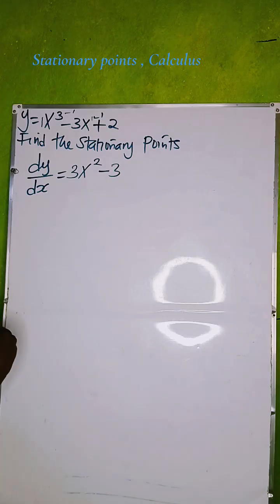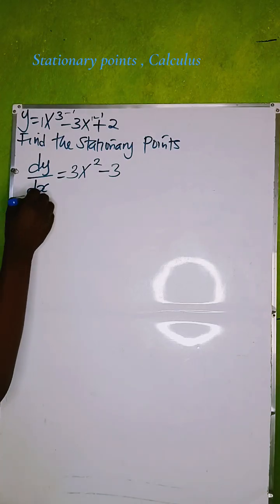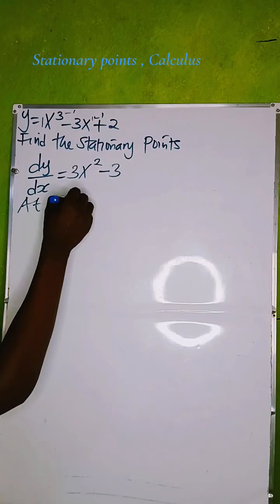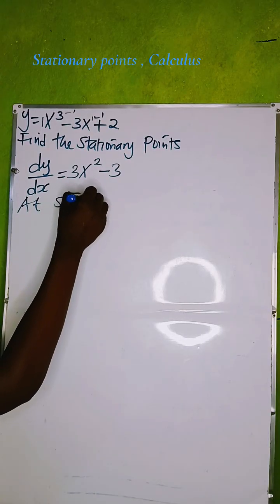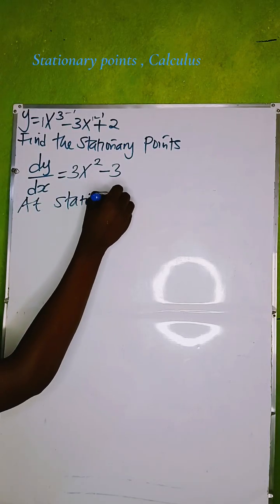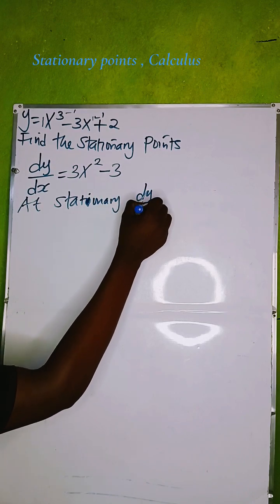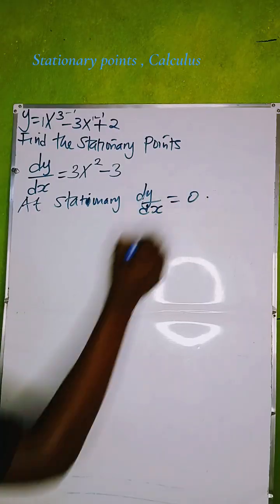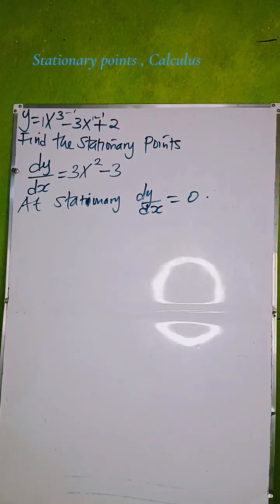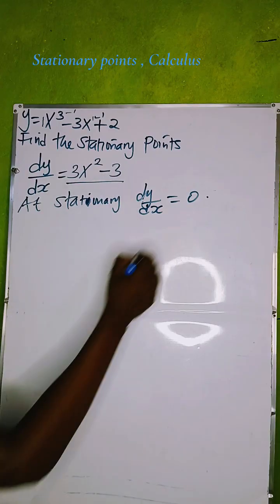Another thing that you need to remember is that at stationary points, our derivative dy over dx is supposed to be equal to 0. So at stationary point, dy dx is 0. So for us to get the stationary point, we are going to equate our dy dx to 0.